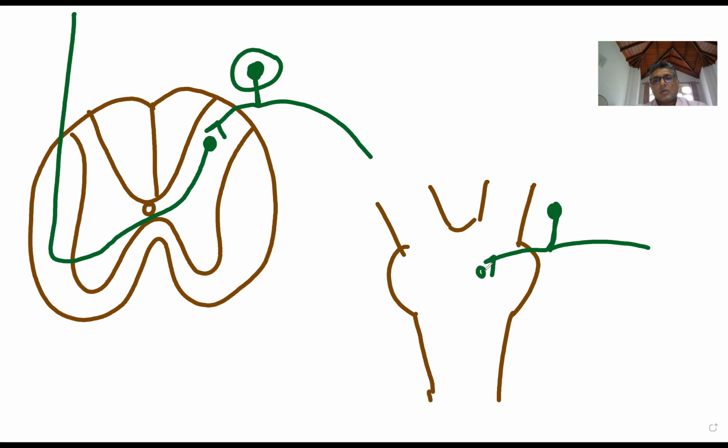Then the second order neuron starts on the same side of the brain stem and crosses to the opposite side and ascends on that side. So that is the usual rule.